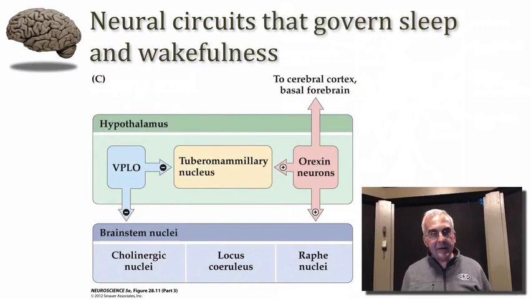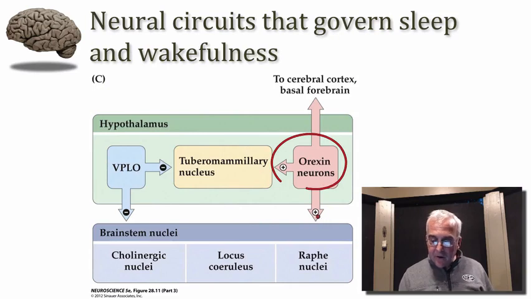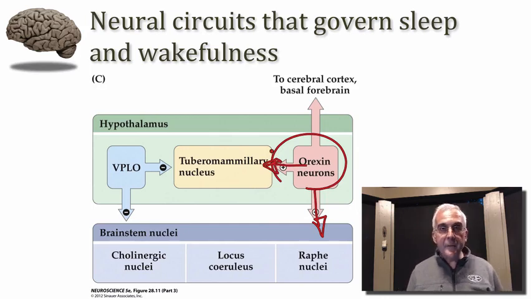So schematically then, here's what this might look like. So here are our orexin neurons that are sending excitatory signals, activating our brainstem reticular formation neurons that are supporting wakefulness, as well as sending projections to the posterior hypothalamus where they're activating those histaminergic projections from the tuberomammillary nucleus supporting the wakeful state.